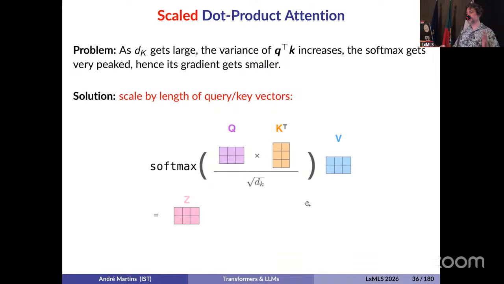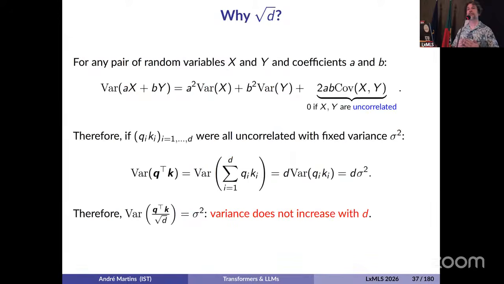And people came up with the square root of d, which might look a little bit mysterious, but in fact, there is a good explanation of why square root of d. I need to bring some basic statistics to explain the reason. If you have any pair of random variables, let's call them x and y, and any coefficients a and b, you can write the variance of ax plus by as this expression, where we use the individual variances of x and y plus the covariance between x and y.